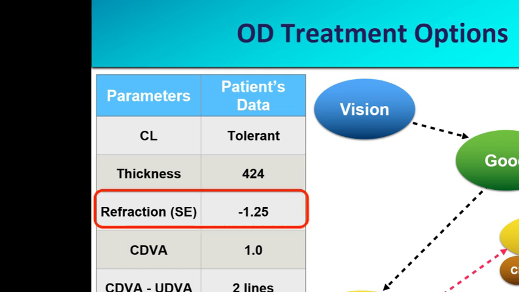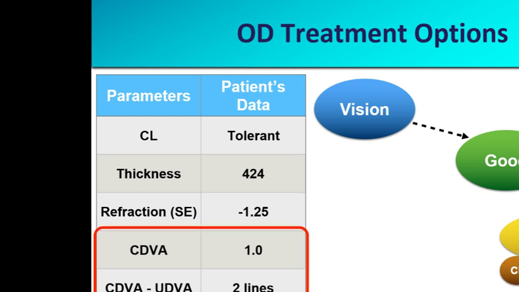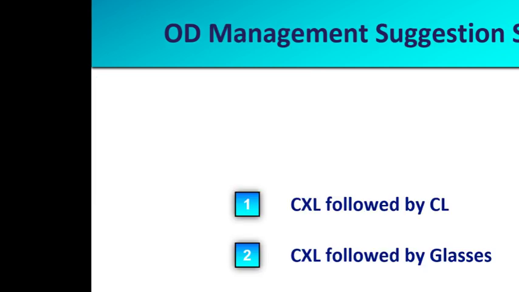Refraction is -1.25, so I'm going to remove intracorneal rings and phakic IOLs, as you see. Vision is very good, so we can go for glasses. Kmax is good. So this patient, because he has progression, we can go for cross-linking followed by contact lens or cross-linking followed by glasses.